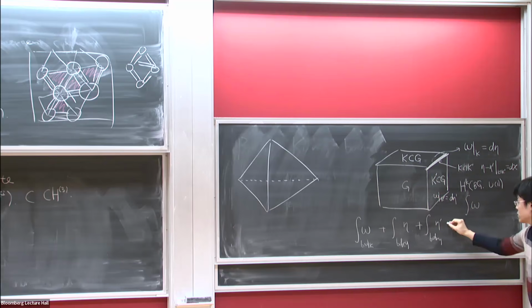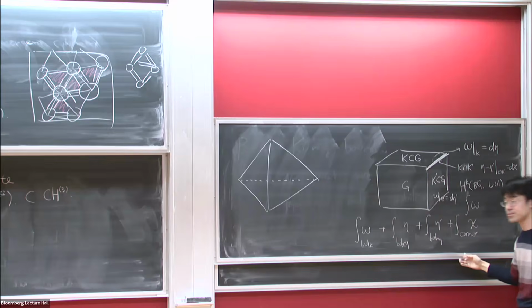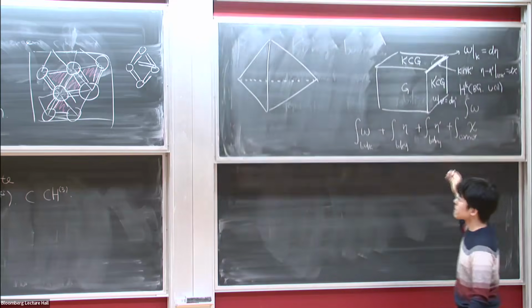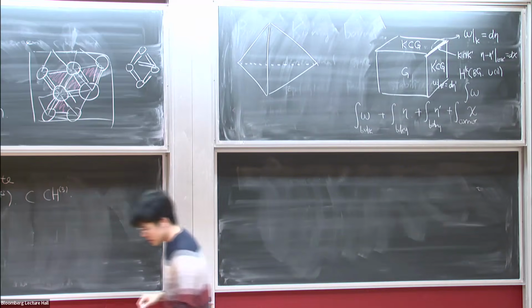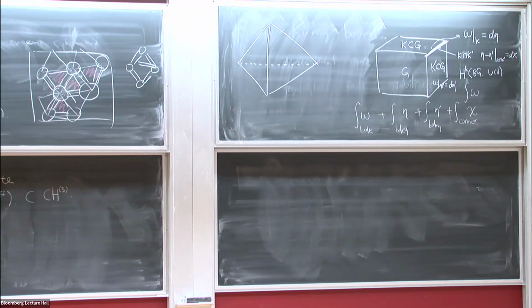So after adding the corner hinge, it defines some bulk-boundary-corner logical operator. And with this insight, let me try to give you the definition of the T-gate in the tetrahedron.